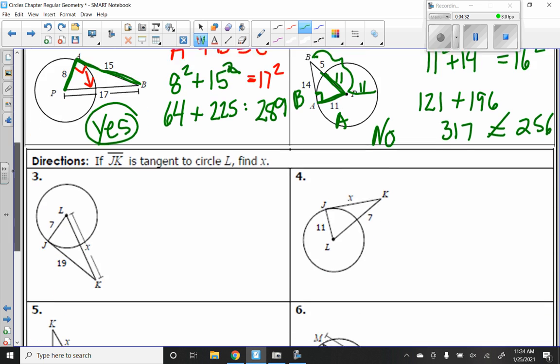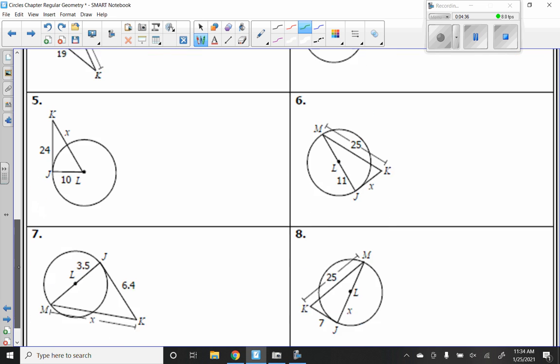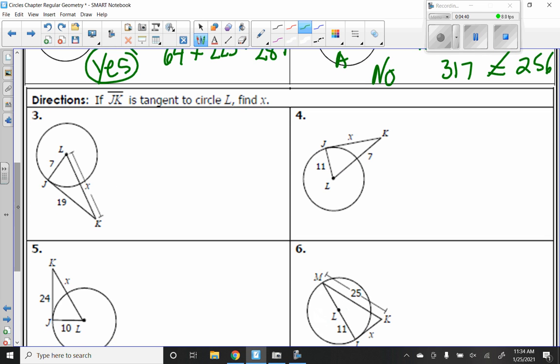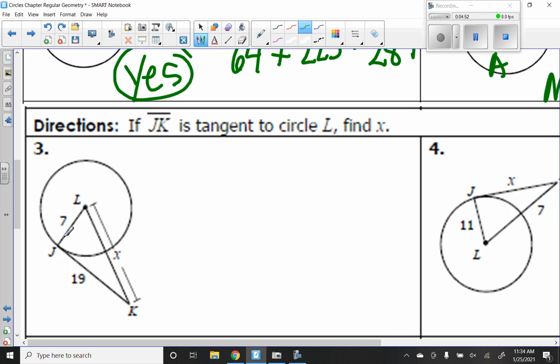All right, so now 3 through 8 are going to say this is tangent. So JK is tangent, find X. So these are all going to be right triangles. And we're going to use the Pythagorean theorem to find our piece.